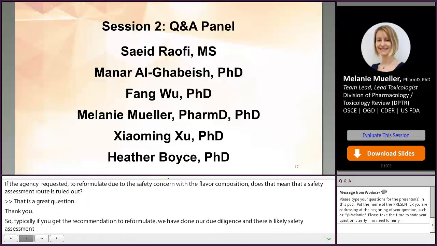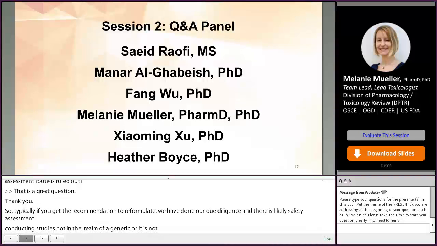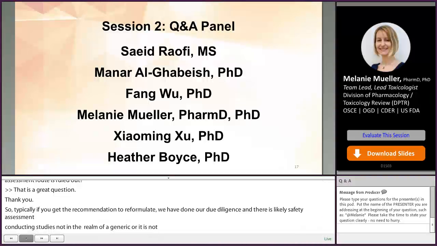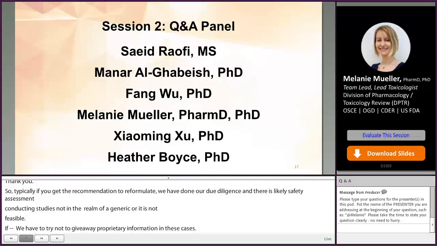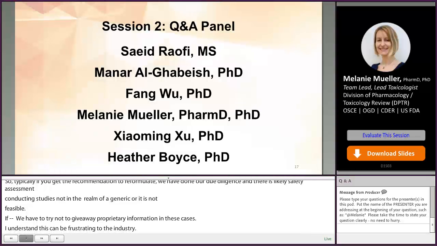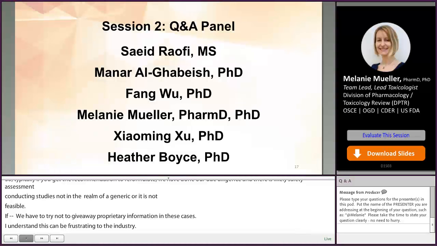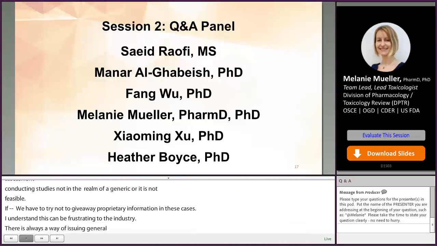And again, we have to be somewhat vague to not give away proprietary information in these cases, and I understand how that can be frustrating to industry. There's always a way of issuing a general correspondence to inquire more about our recommendation, but typically, yes, it means the data that would need to be submitted are not in the scope of a generic. Thank you.